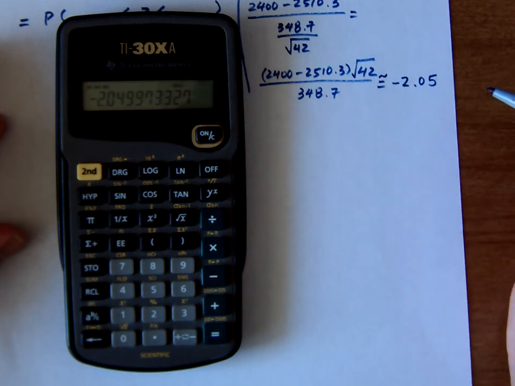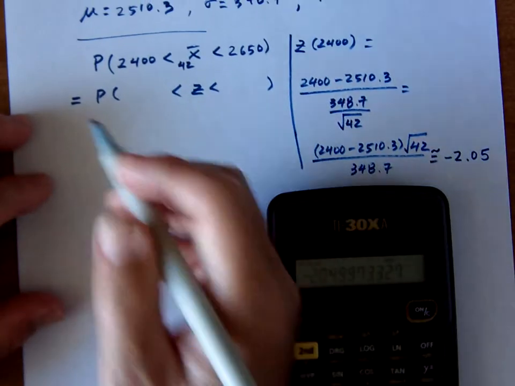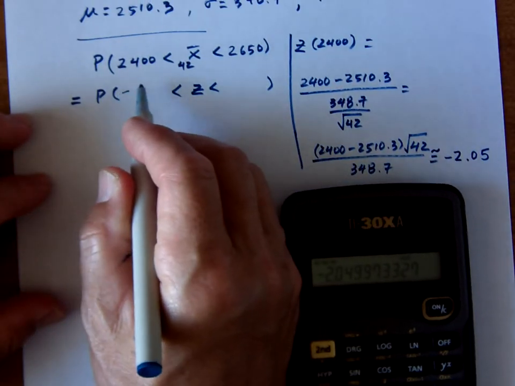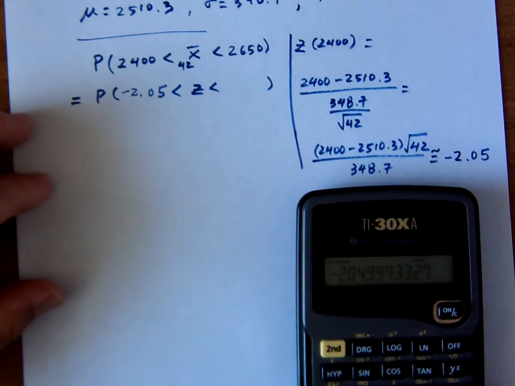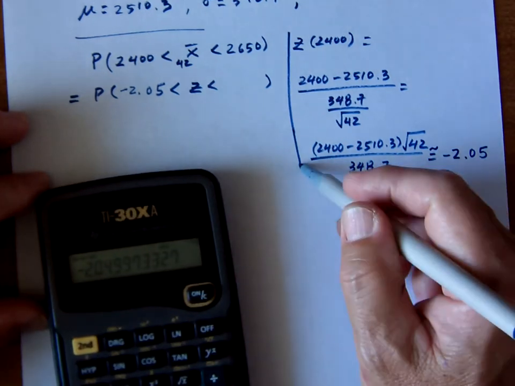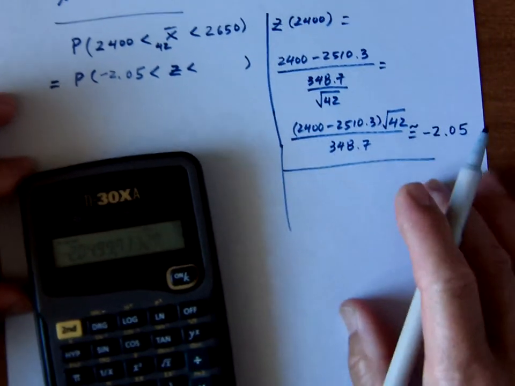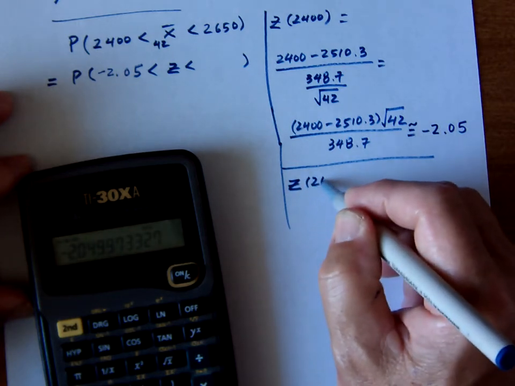Okay, so that's my first z value, and let me write that down as negative 2.05. I'm going to do a similar thing for my next z, which should be my z of 2650.